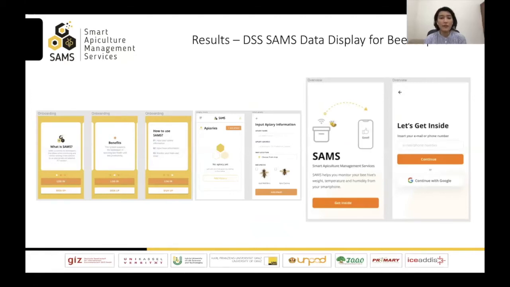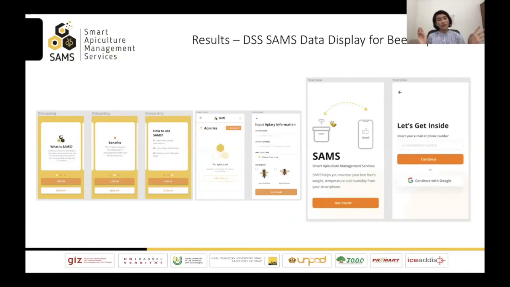Okay, thank you, Lini. So as Lini mentioned before, we produce these monitoring systems. The monitoring system is implemented inside the beehives, but the beekeepers can see what happens within their colony with this kind of interface, which is the DSS, the decision support system.